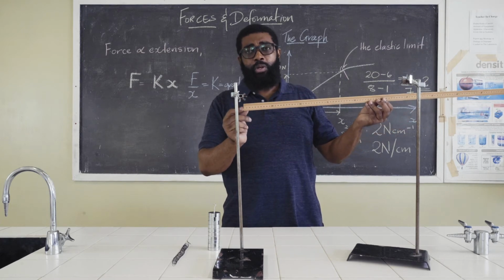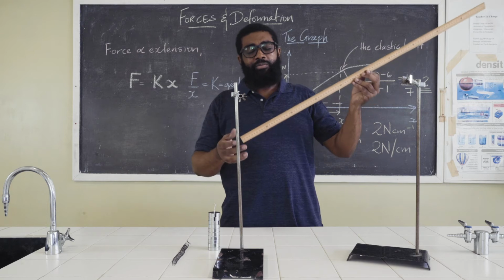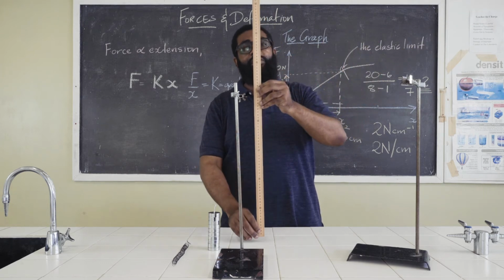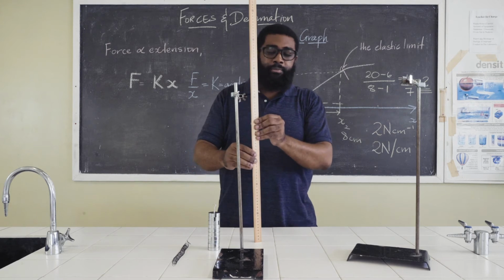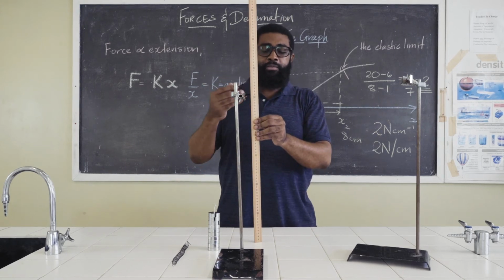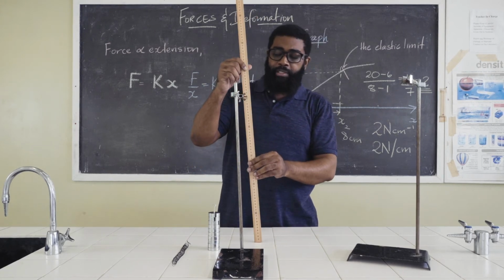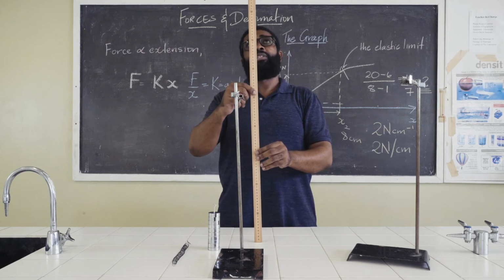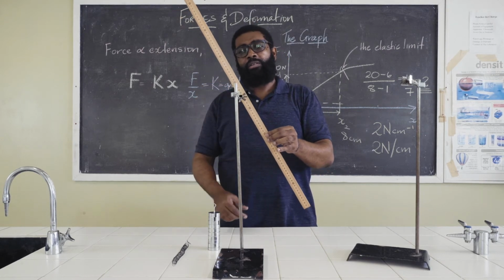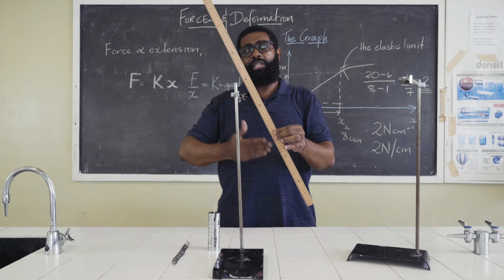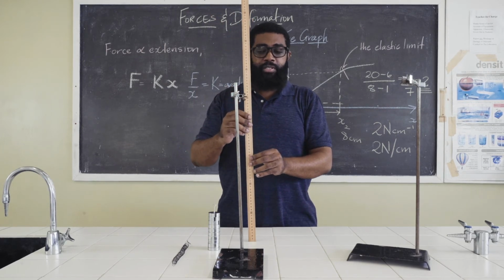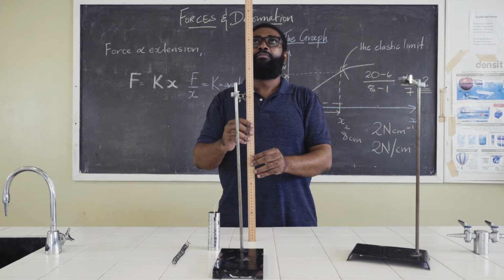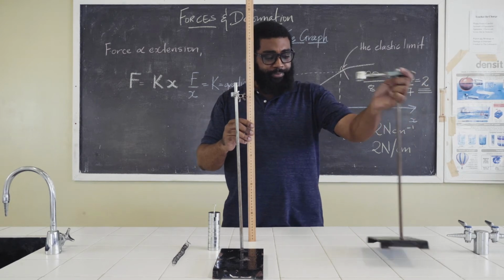The edge is a bit worn, so it creates a slightly round surface and you're not sure if it's vertical or not. But what I would recommend is whenever you do mount your ruler, you take a few steps back and you actually examine it from a different perspective just to ensure that it is vertical, because it can't be leaning to the side. You wouldn't actually get an accurate change in length if it is leaning to the side. So ruler first, spring second, and we'll get our experiment done.